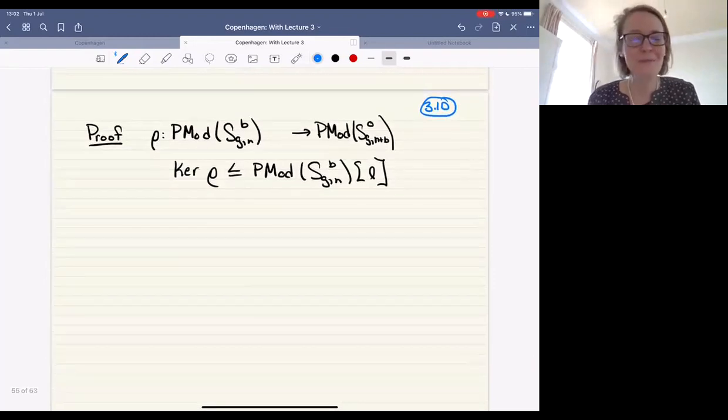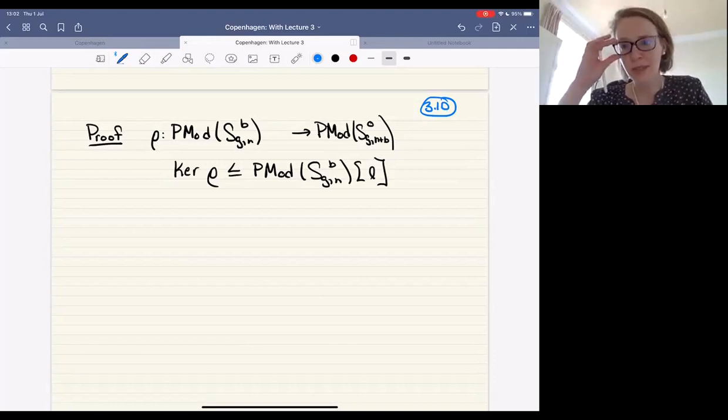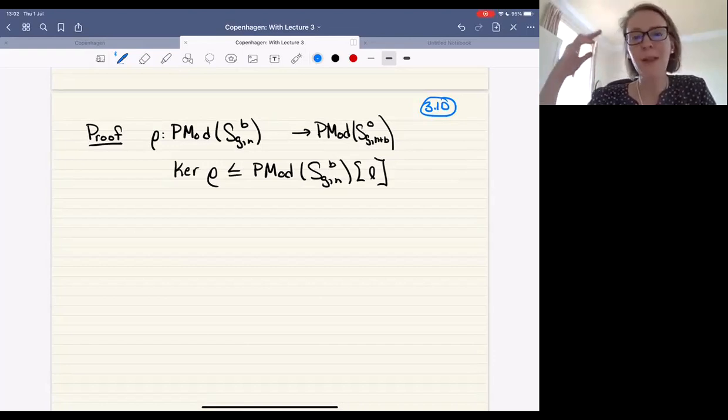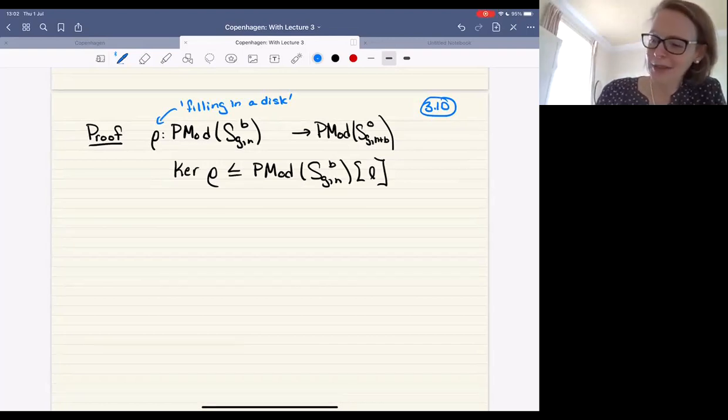So anyway, how do we prove this? How do we prove that I can make this simplification? We have this natural map, and you can think of this in the full mapping class group at first. This is the filling in a disk map. And what is the kernel of this map?